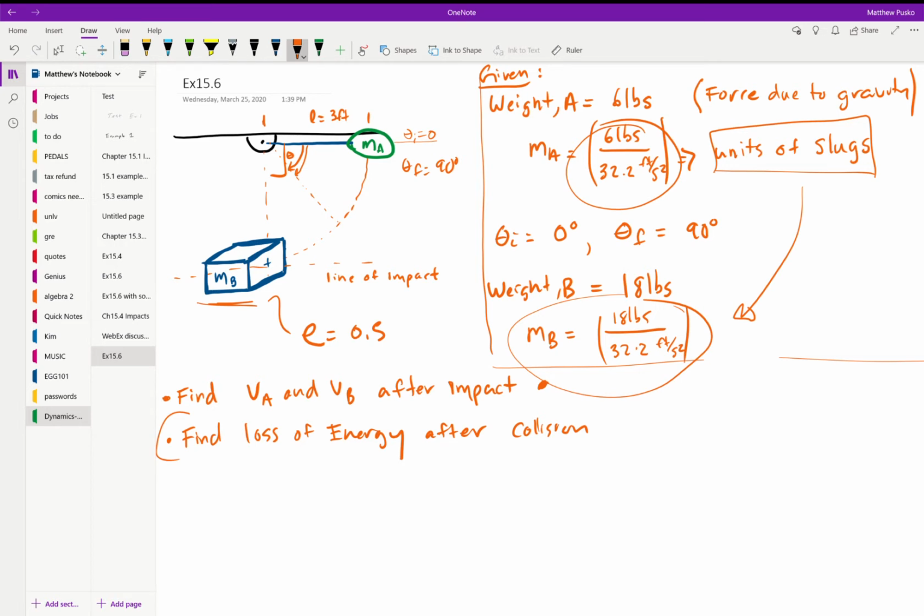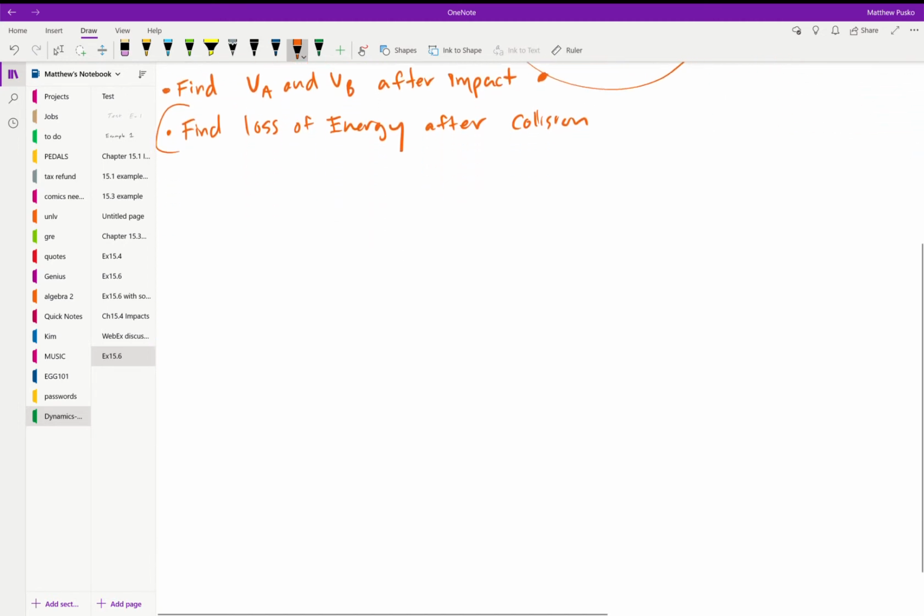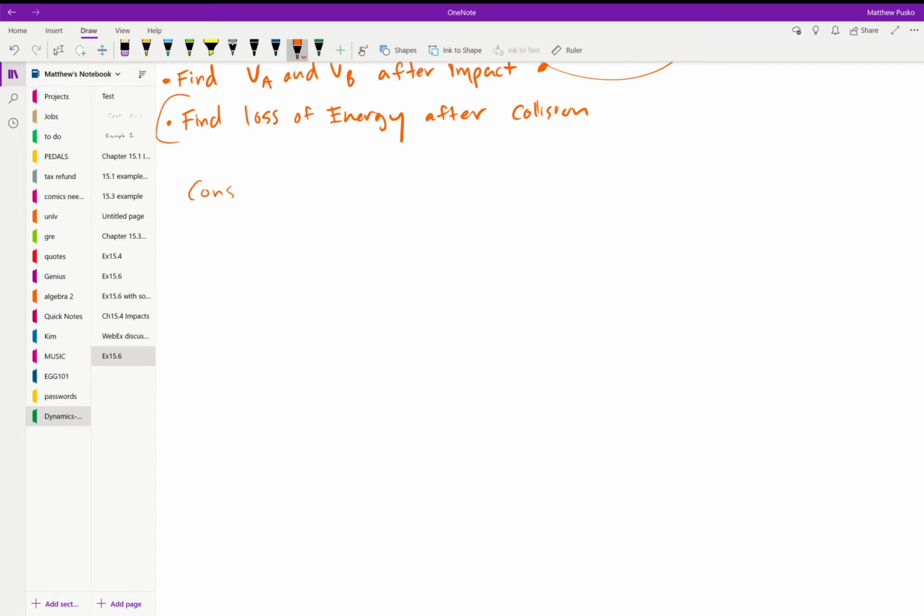Okay, so I want to know first how fast this bag is going to be going right before it hits. So I'm going to conserve energy.